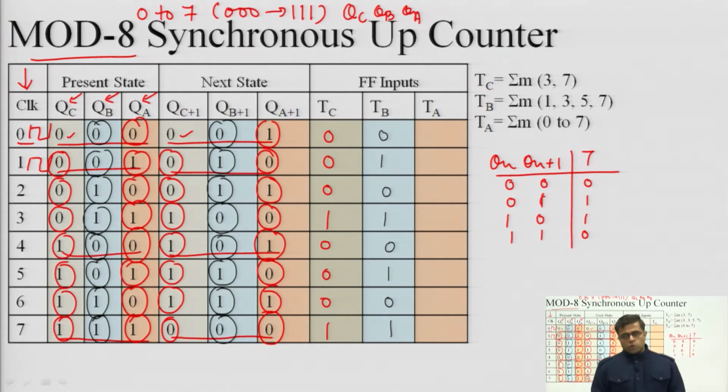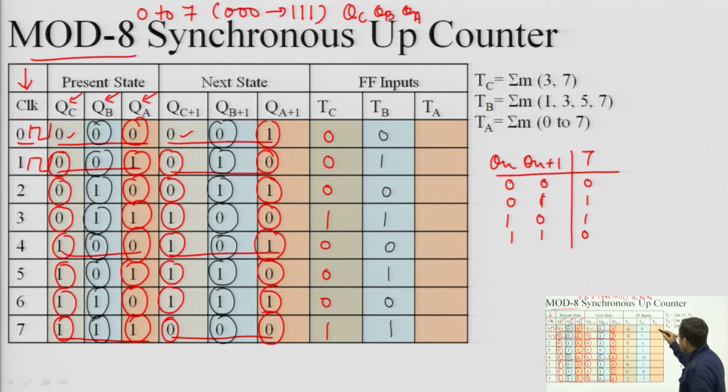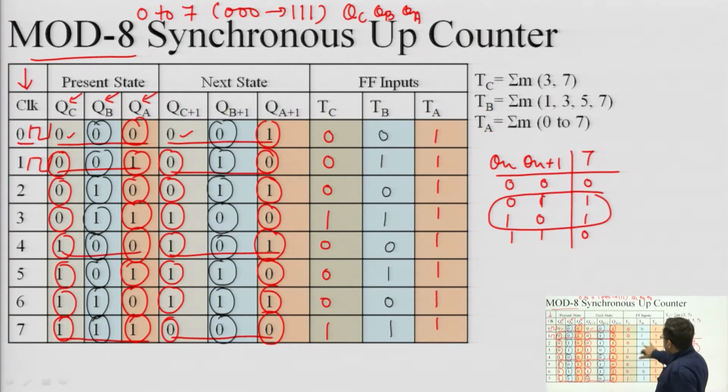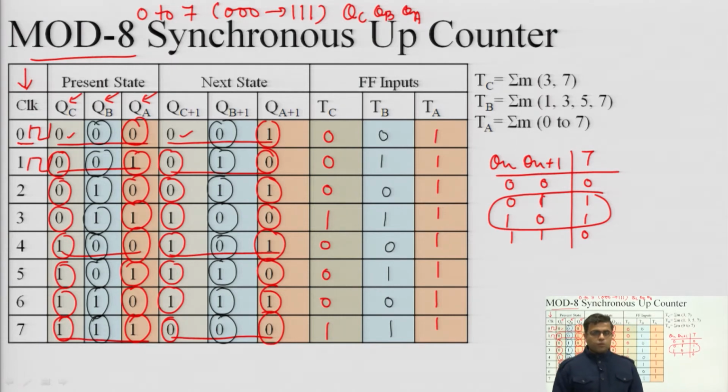So for both 0 1 and 1 0, T is equal to 1. These are termed outputs, but they are actually the T flip flop inputs. If we are able to manage these connections at the T flip flop inputs, then we will be able to design a mode 8 up counter.